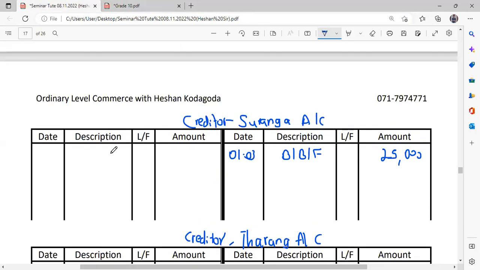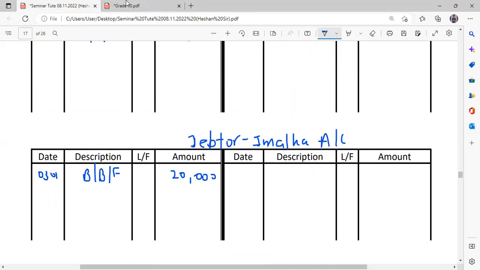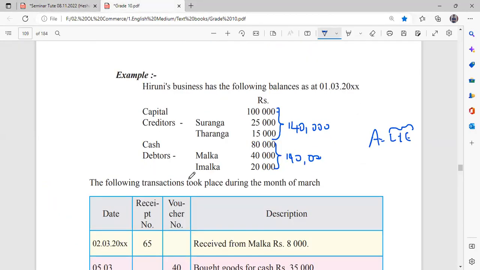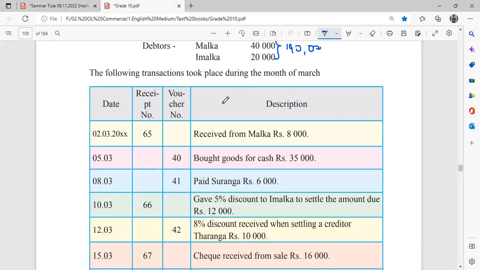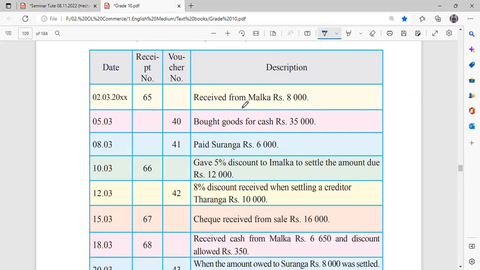Okay, now you can do this. Now we have recorded all the opening balances. Now the following transactions took place during the month of March.